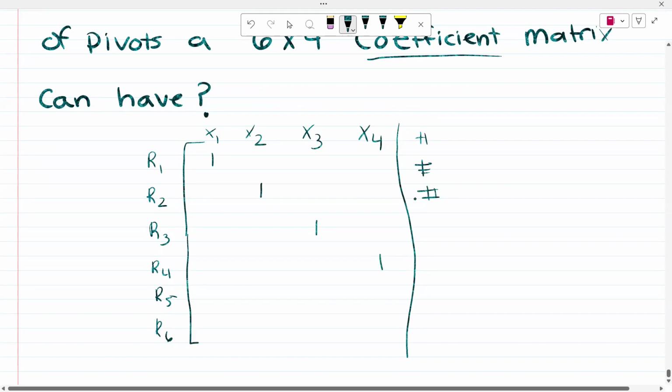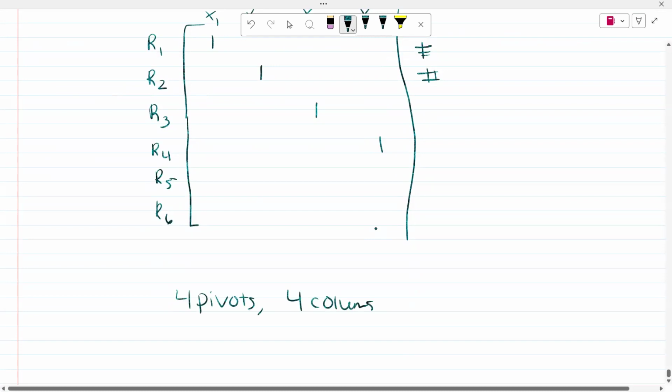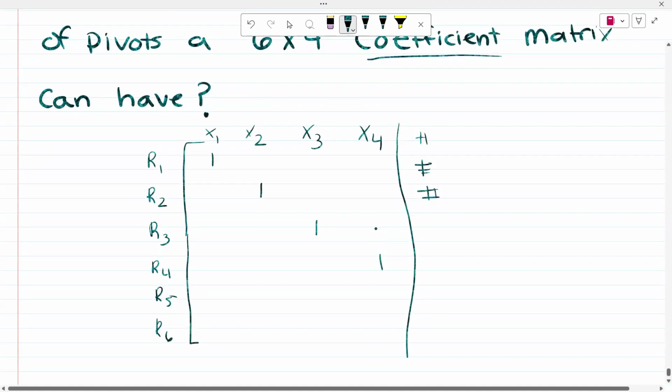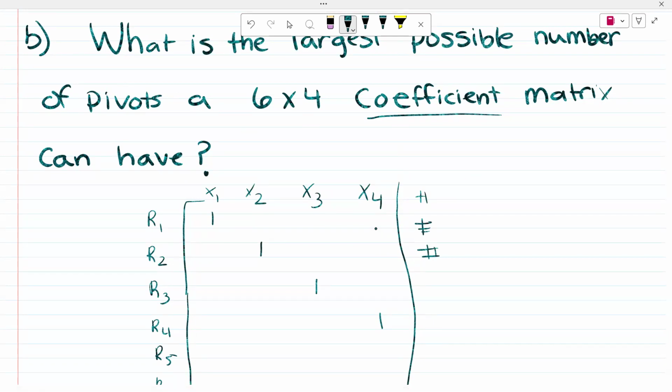So this time you'll have 4 pivots, 4 columns slash variables. So yeah, in the coefficient matrix, you have an extra column, 2, 3, 4. So it's really 5 columns.